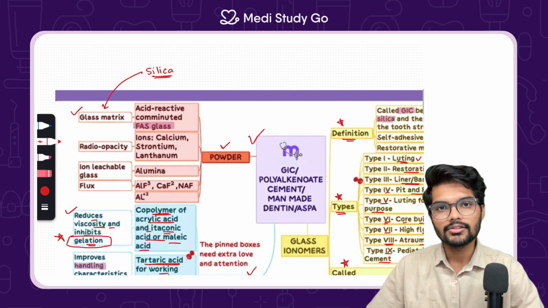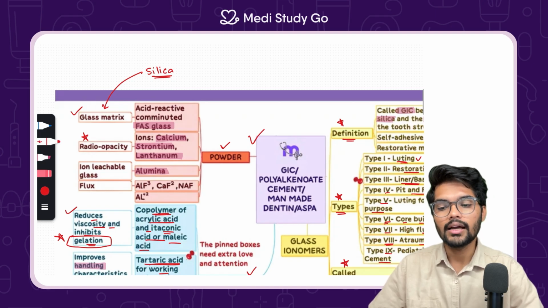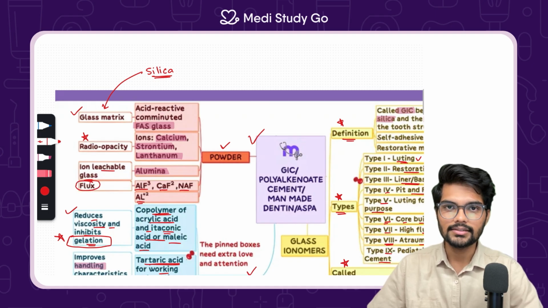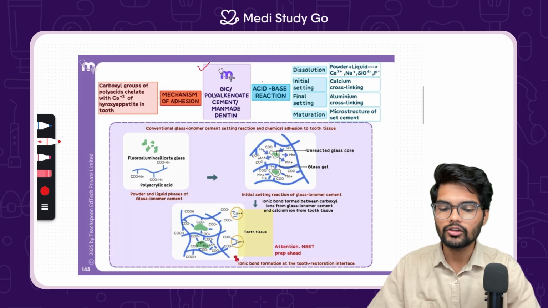After that, it consists of ions like calcium, strontium, and lanthanum, which are responsible for radio opacity. It also consists of alumina, which promotes ion leachable glass. And finally, we have some compounds which are responsible for flux.